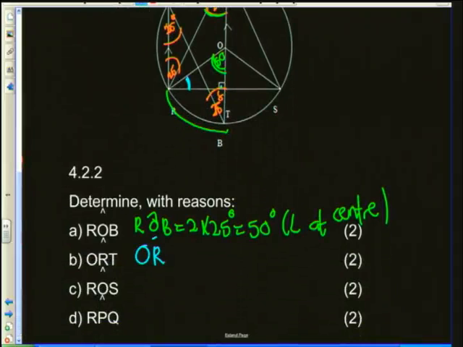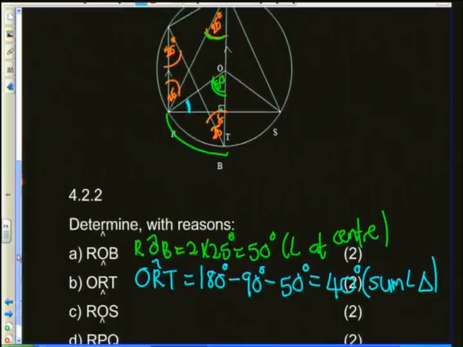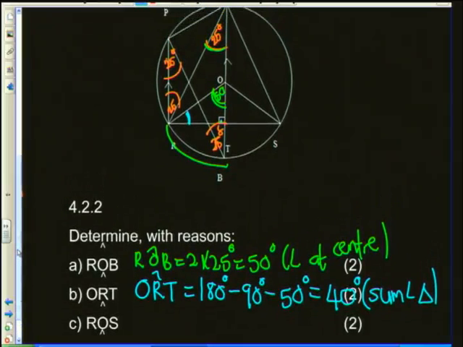ORT is therefore going to be equal to 180 minus 90 minus 50, which means that is equal to 40 degrees. The reason would be sum of angles in a triangle. All right, and let's look at ROS. Let me fill this in. Remember to fill it in. This is 40.